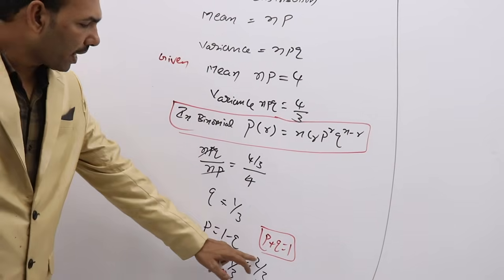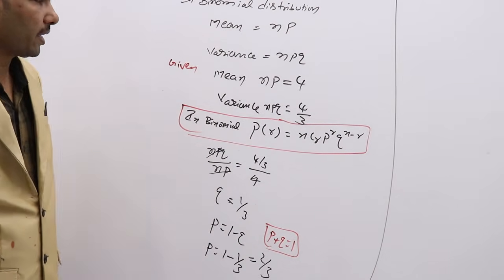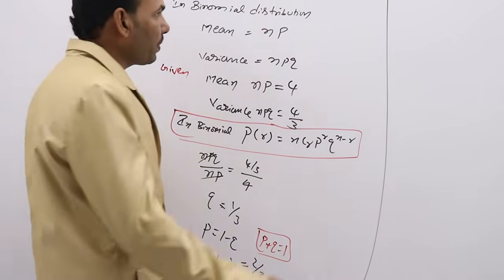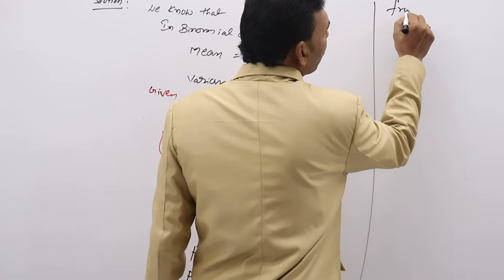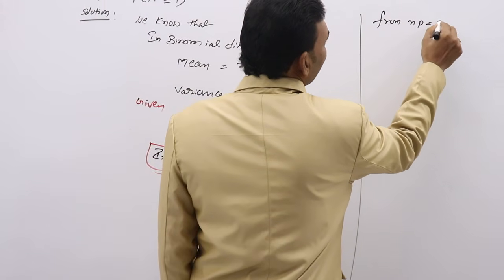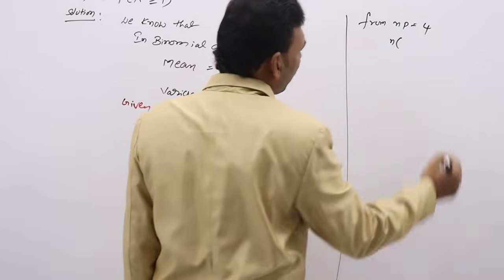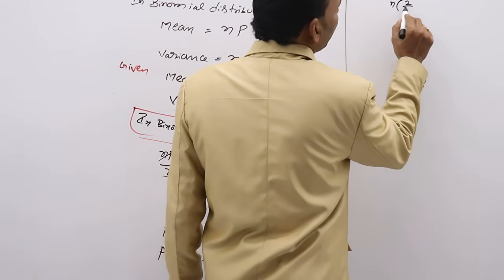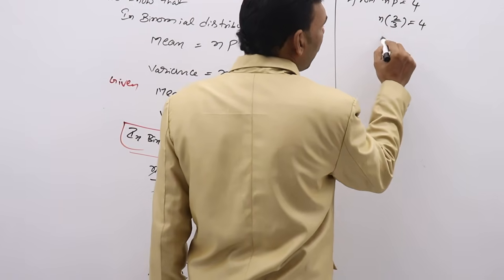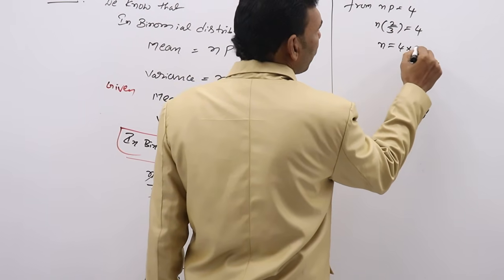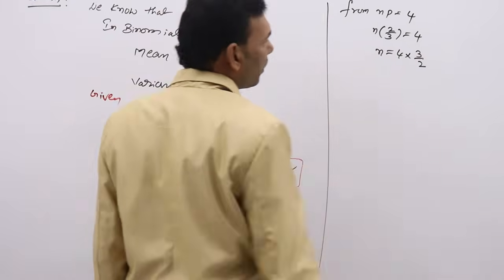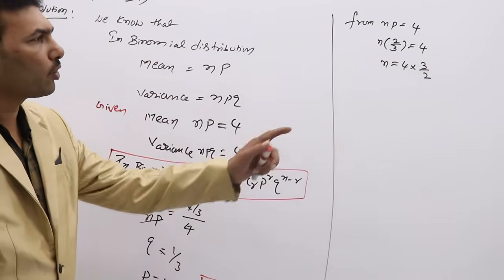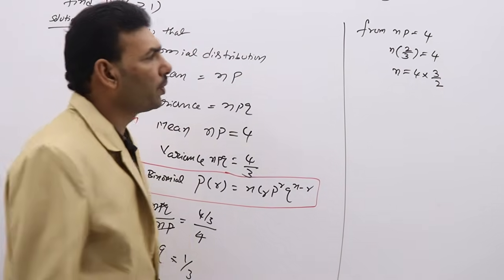Now we know P value and Q value, we need n. So from NP equal to 4, you can easily calculate n. P is 2 by 3, so n into 2 by 3 equals 4. n equals 4 into 3 by 2. If we send 2 by 3 to that side, it becomes 3 by 2.